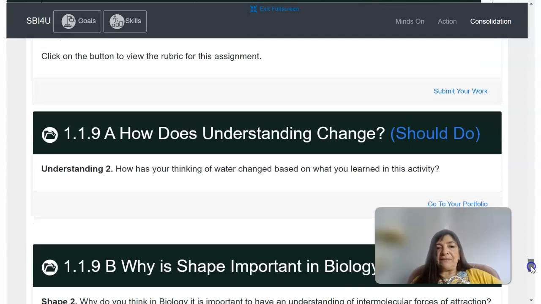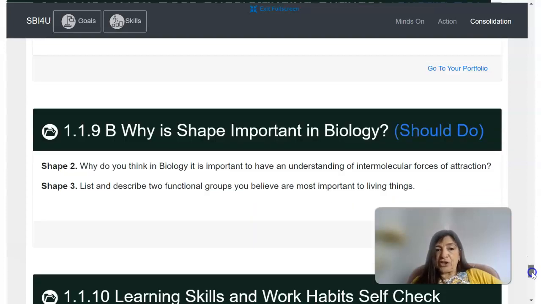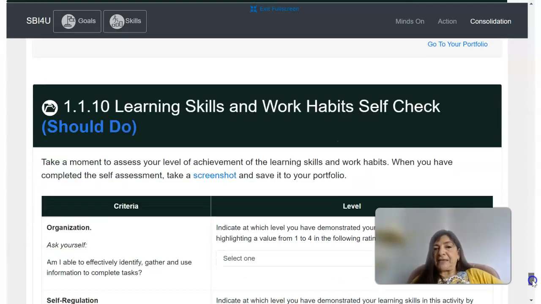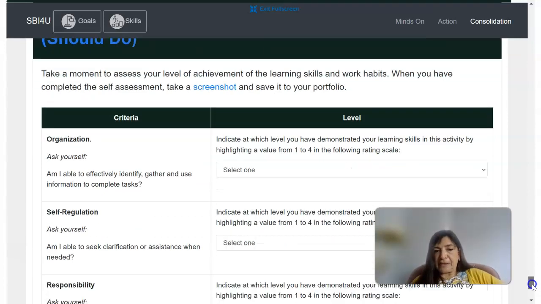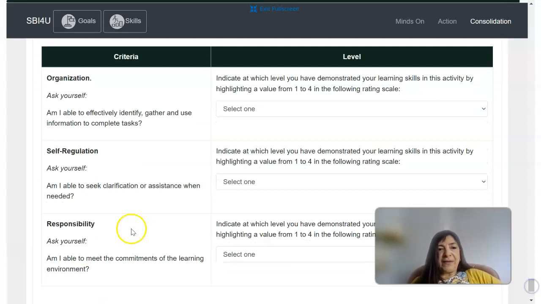And then you'll have a reflection on your understanding of shape, and finally, a reflection on your learning skills and work habits. It's a checklist that you complete, and you'll find that the learning skills and work habits differ from lesson to lesson. It depends on the skills that are targeted in this lesson.